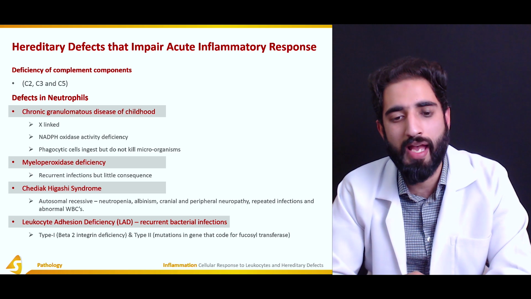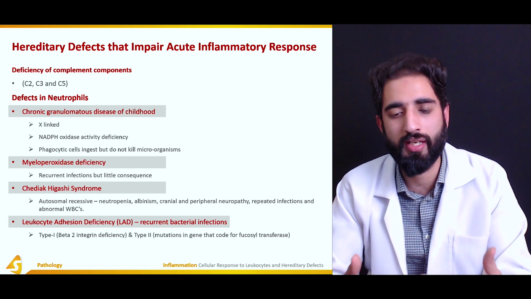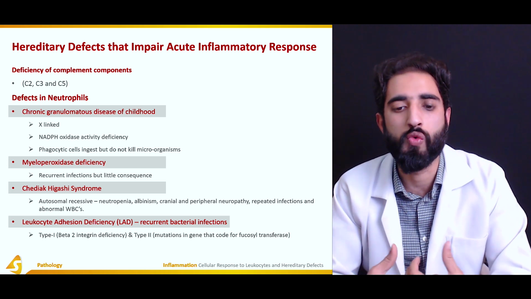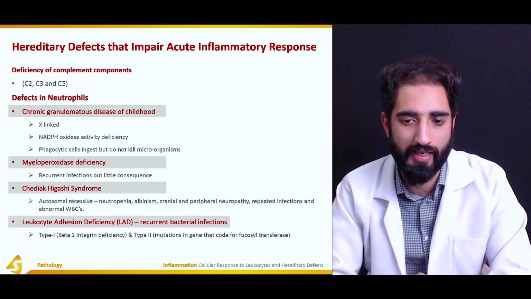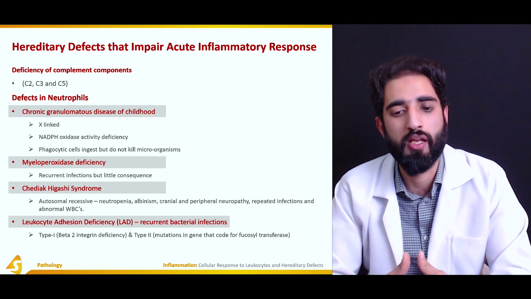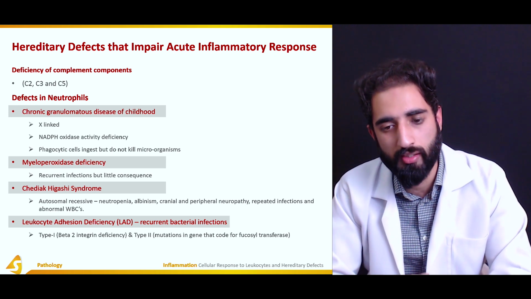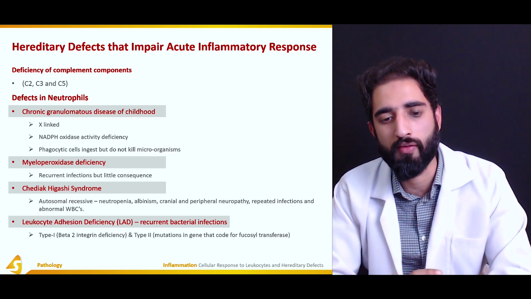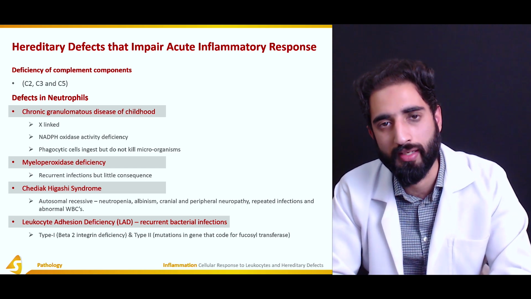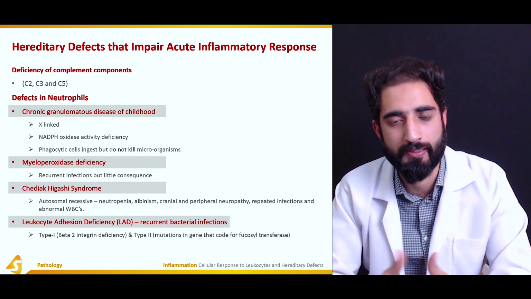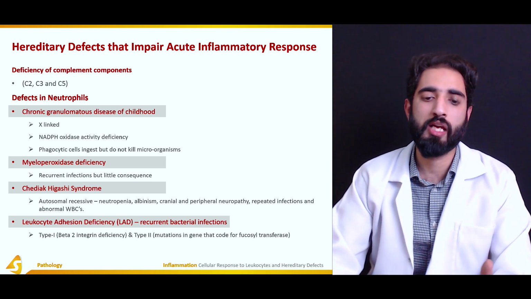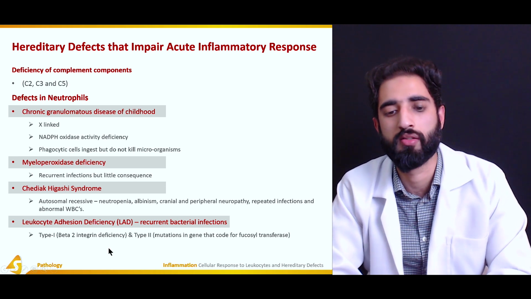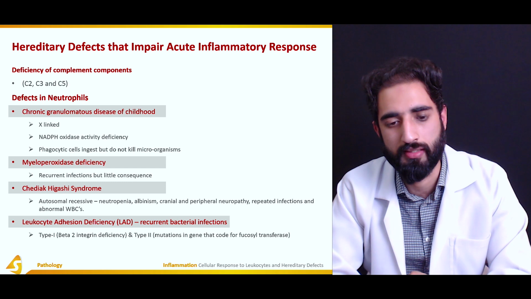Then there is Chediak-Higashi syndrome. It is actually an autosomal recessive syndrome, and it is observed in neutropenia, albinism, cranial and peripheral neuropathy, repeated infections, and abnormal leukocytes or white blood cells. And the last type is the leukocyte adhesion deficiency syndrome or disease.